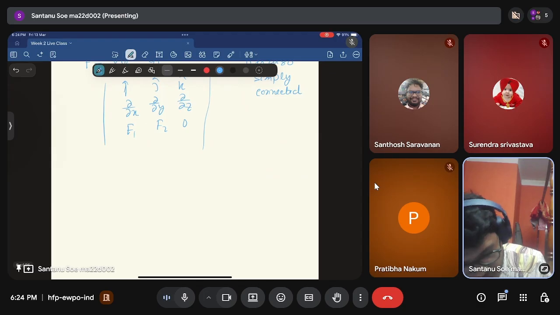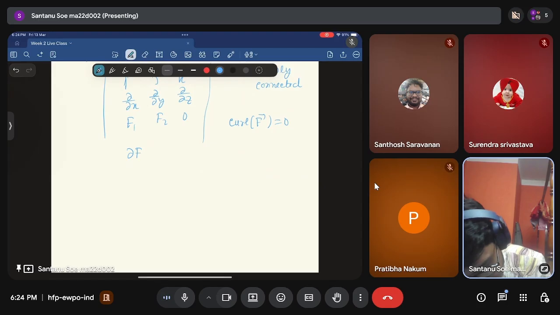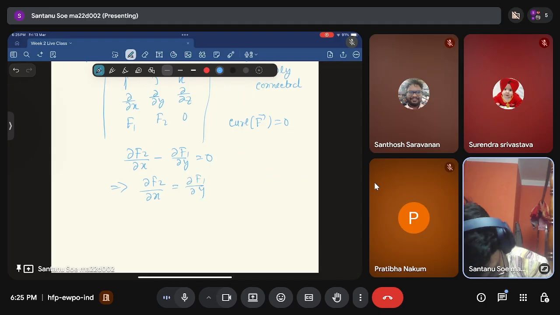So from here, one condition we can draw that curl of f is 0 implies that del f2 by del x minus del f1 by del y equals 0. Okay, and this will imply that del f2 by del x equals del f1 by del y.